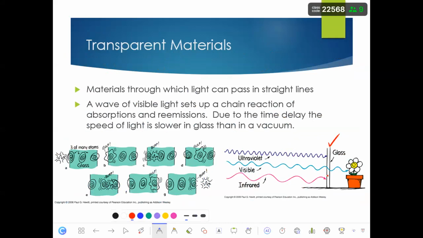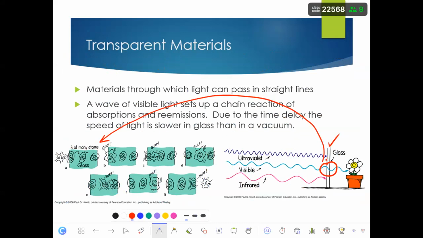What exactly happens? What is the process here? This process explains how the light passes through the transparent material. Visible light, I mean, not the other two, ultraviolet and infrared. Ultraviolet reaches the glass and is absorbed by the glass.